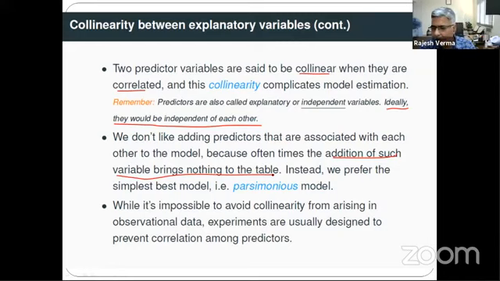The addition of the other variable, which is dependent on the first variable, may not add to the value of the model, right? So therefore we prefer the simplest model, or the parsimonious model. Experiments are usually designed to prevent correlation among predictors. So this is the importance of adjusted R square.